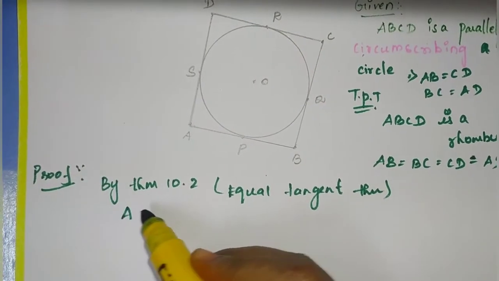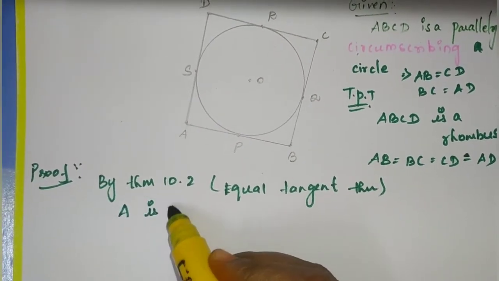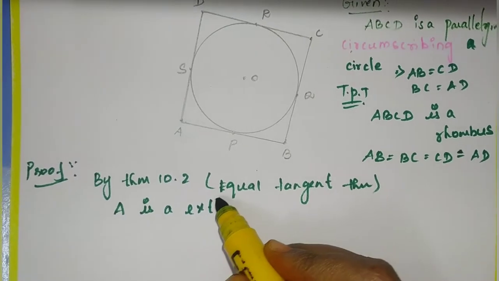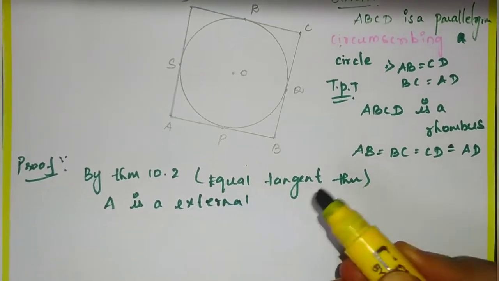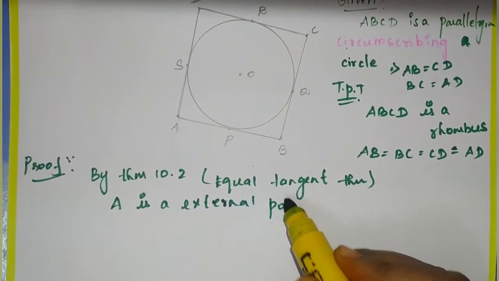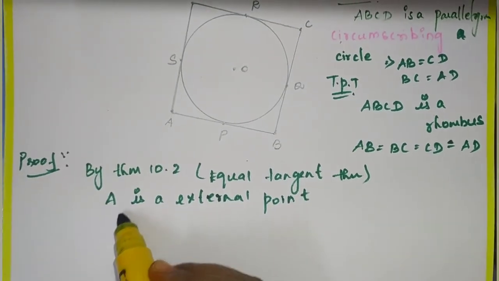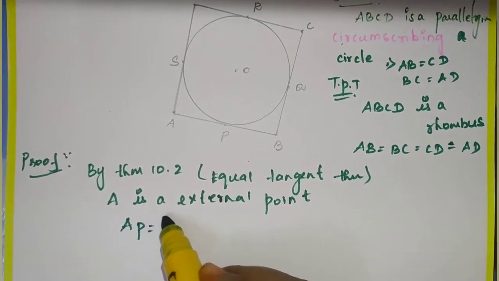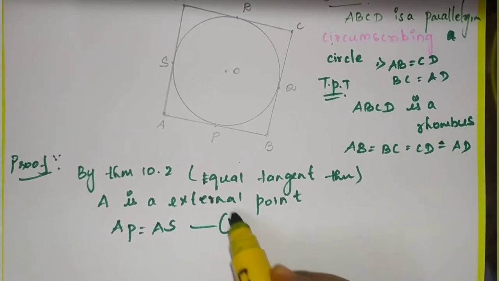A is the exterior point, external point or exterior point, anything you can write. So AP is equal to AS.